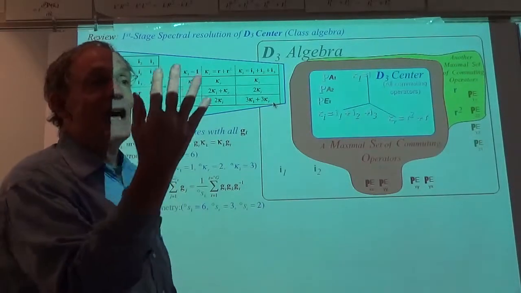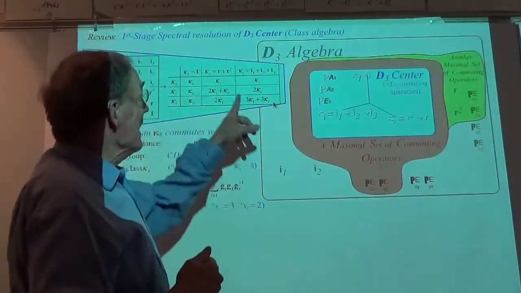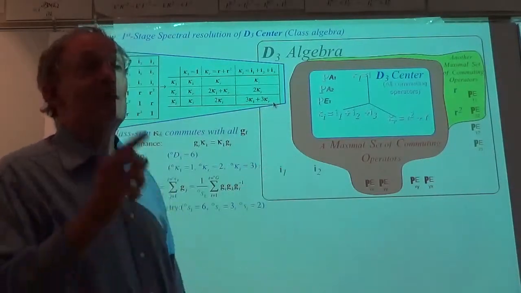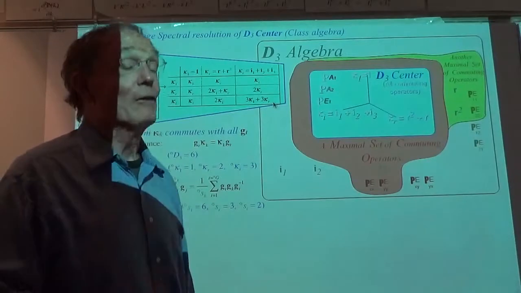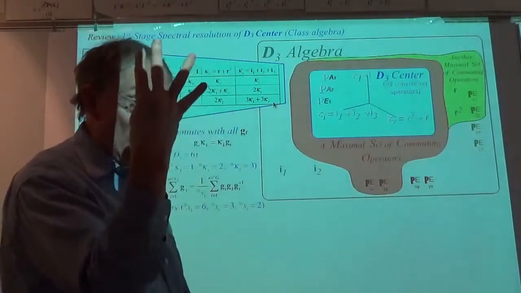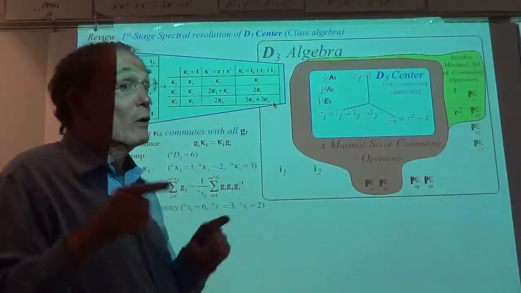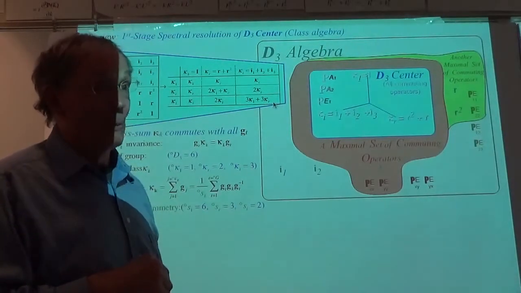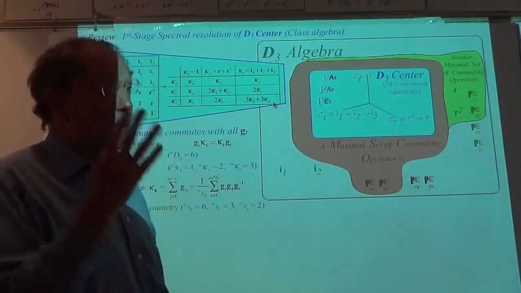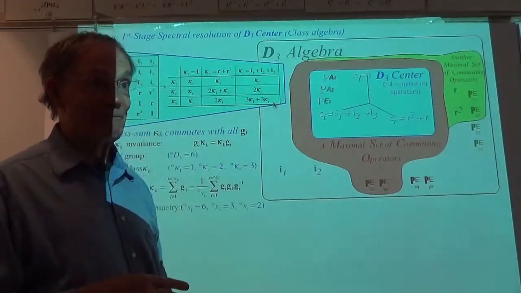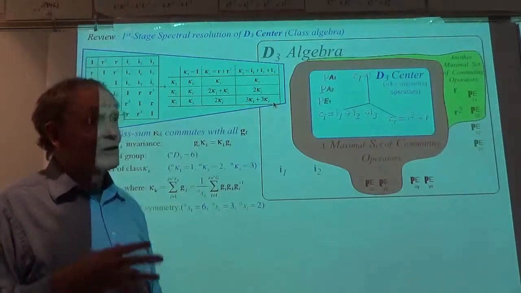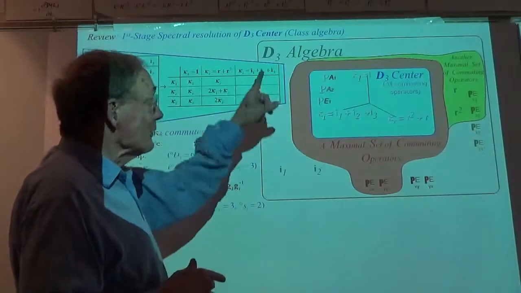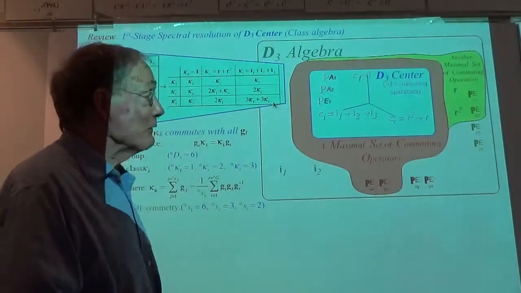So somewhere between having 5 and having 3, we know those 3 commute with each other, but maybe there's a possibility, and in fact there is, that I can find 4 things that commute with each other, but not necessarily with the entire group. Okay? That number 4 is the rank of this algebra, and it's an invariant quantity. It's a number that goes with this particular group, and you'll never change it.